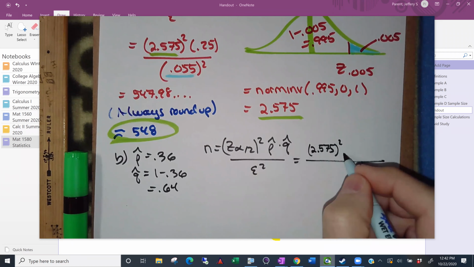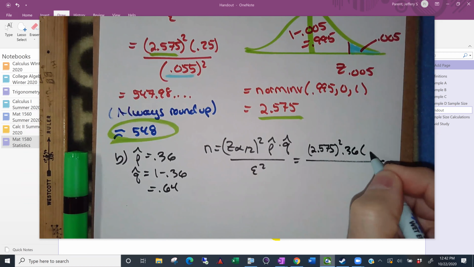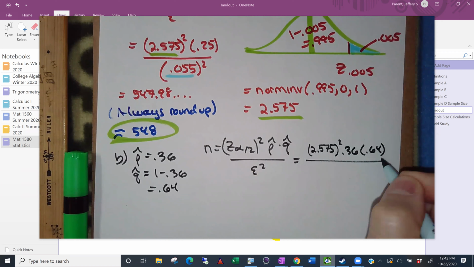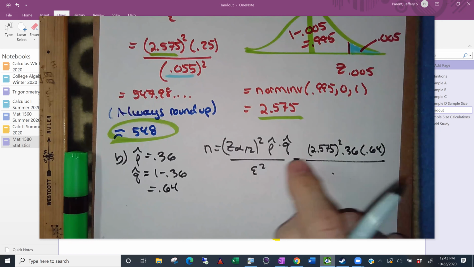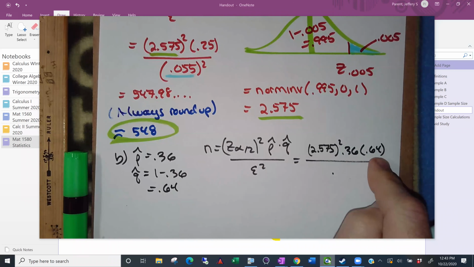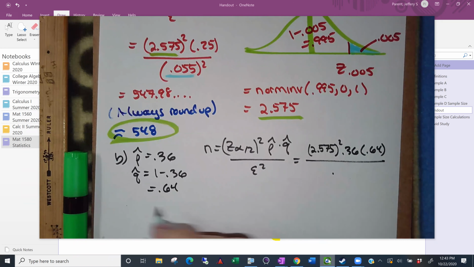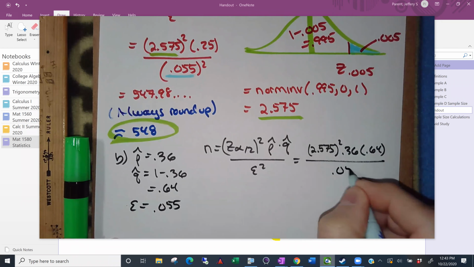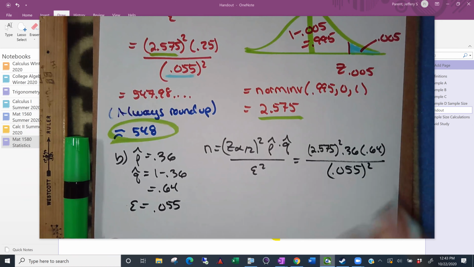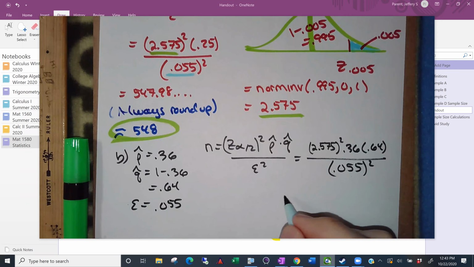P hat is 0.36 and Q hat is 0.64. I shouldn't say still, because in the previous calculation this was 0.25. Now I've got 0.36 times 0.64. But the denominator is still the same, 0.055. So why don't you see if you can calculate that sample size? It should be lower than what we just got.